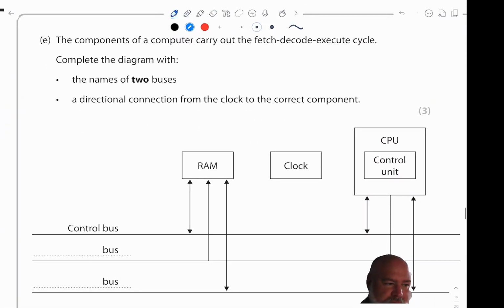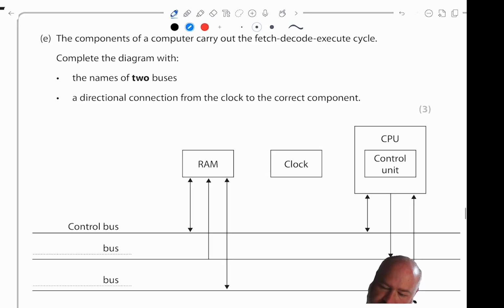Okay, your buses, you need to remember your buses for your fetch, decode, execute, and the general purpose computing von Neumann architecture. The clock will have a directional connection, so if you don't put an arrowhead in there, you're not getting the mark, okay? Into the CPU. Control bus is given for us. Confusingly, it's got 2 of these. So in almost all the literature, they say that the data bus is the bidirectional one.